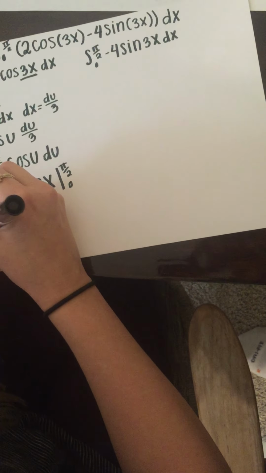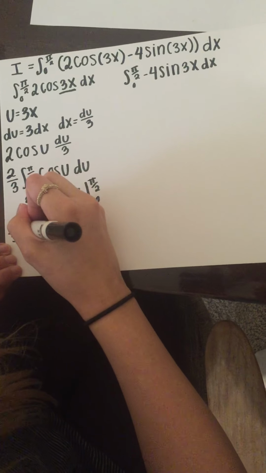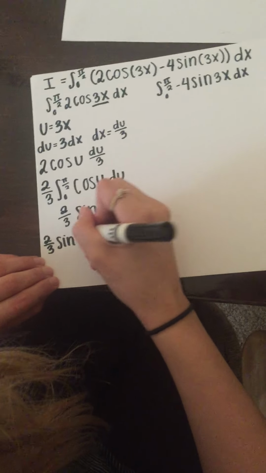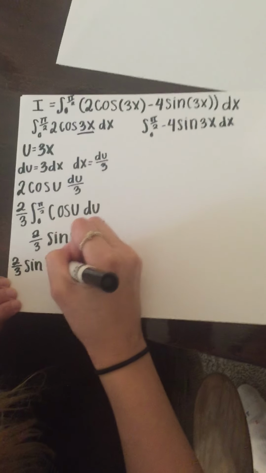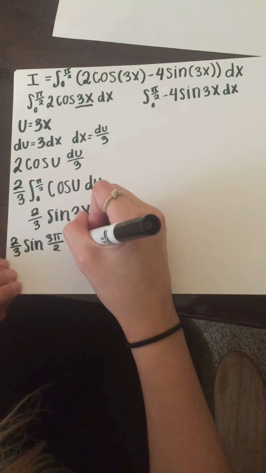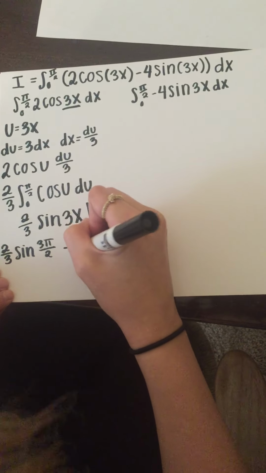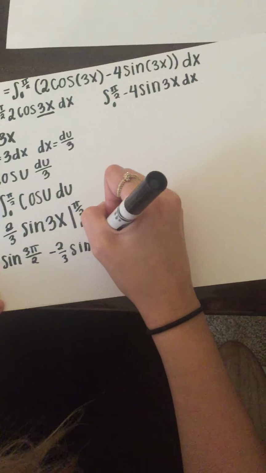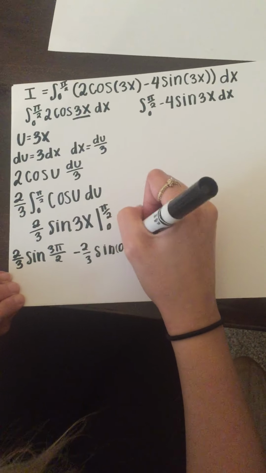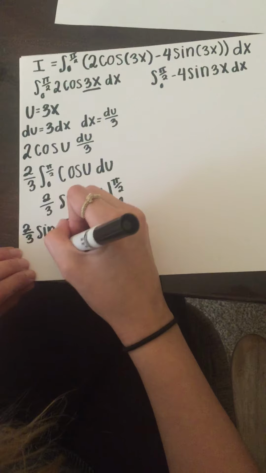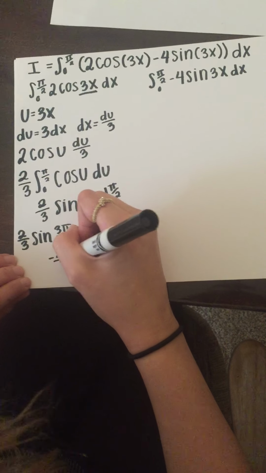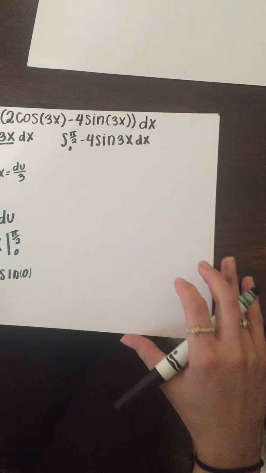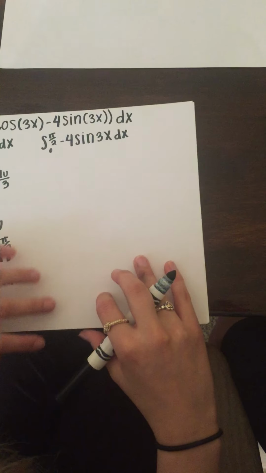So once we plug it in, 2/3 sine of 3 pi over 2 minus 2/3 sine of 0, which is going to be a negative 2/3 minus 0.